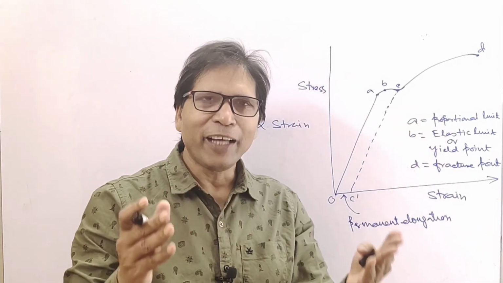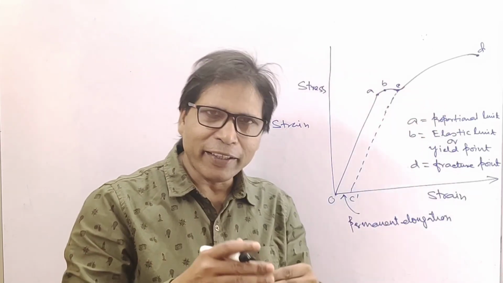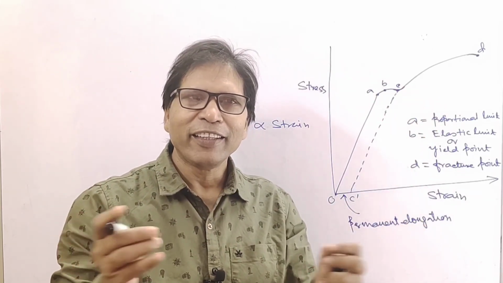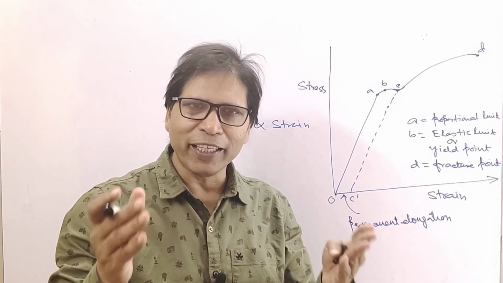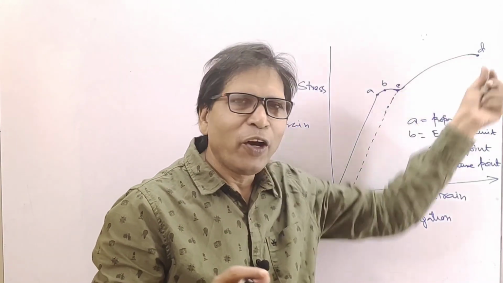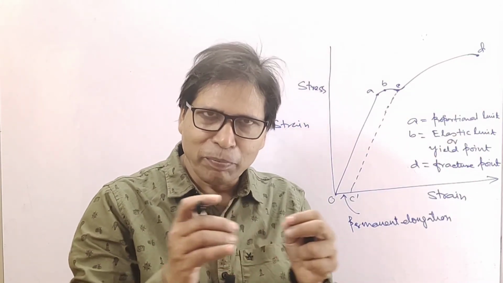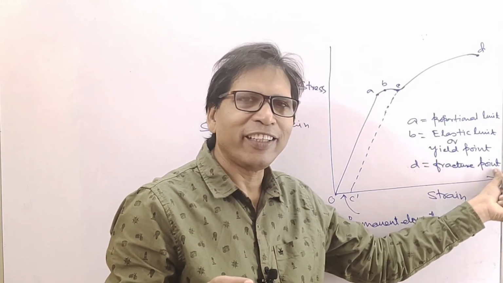After C, the body gains plastic property. So on further increment of length, the elongation is more in comparison to the application of force. Finally, we reach a point D where the substance breaks. This point is known as the fracture point.